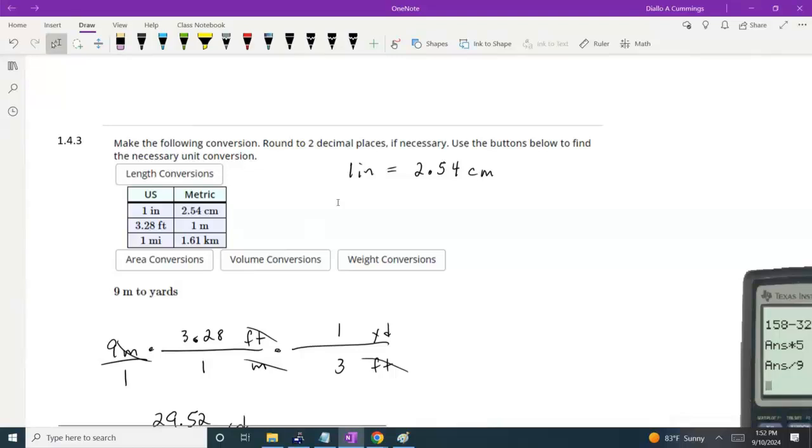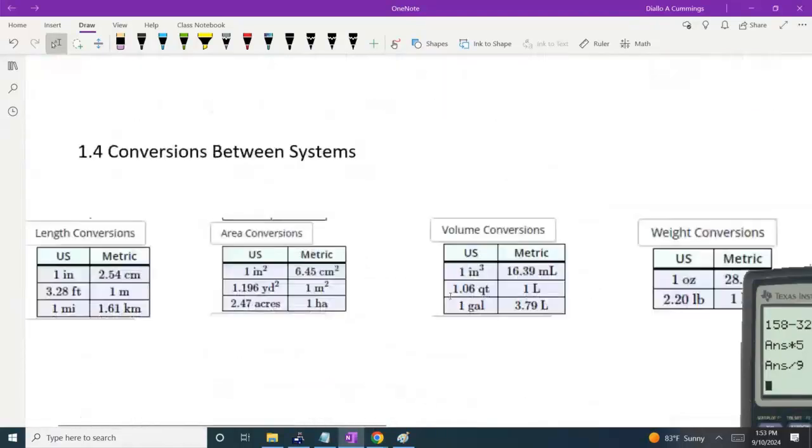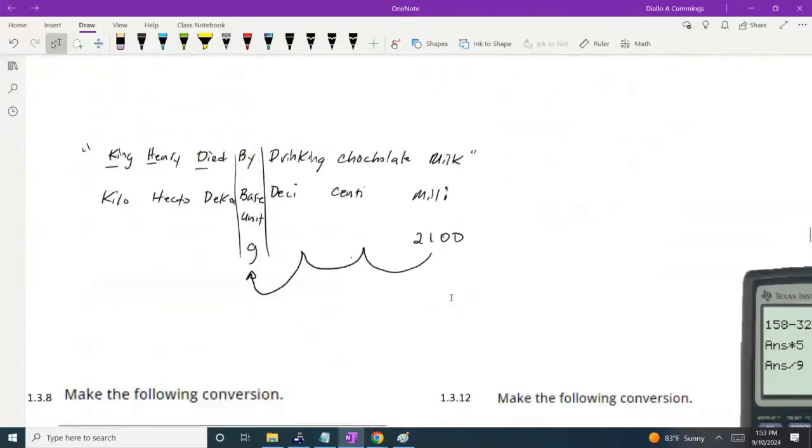So what I'm going to do is, instead of a conversion from inches to centimeters, I'm going to write out a conversion from inches to meters. So here's what I'm going to do. I'm going to take 2.54 centimeters, and I'm going to convert it to meters.